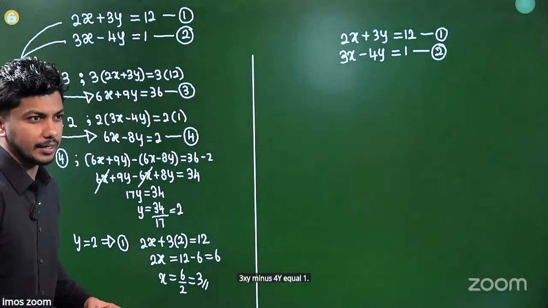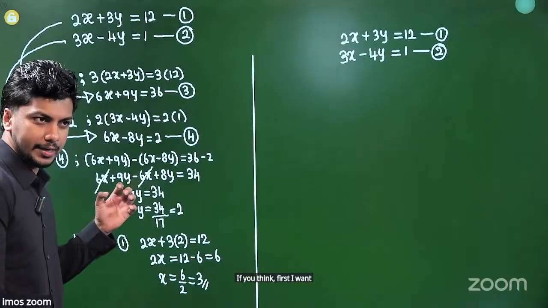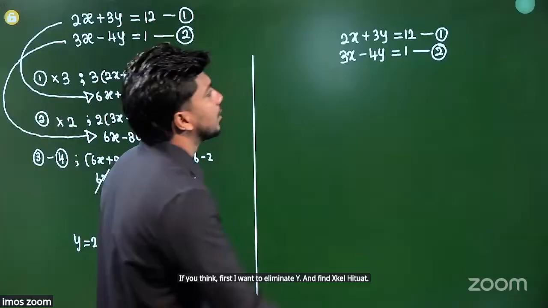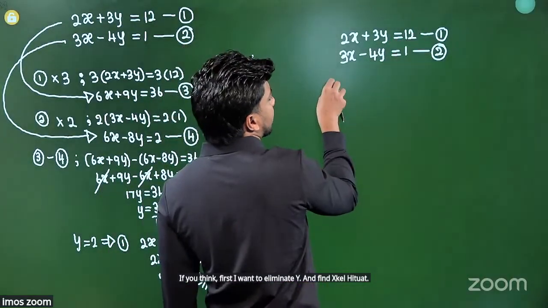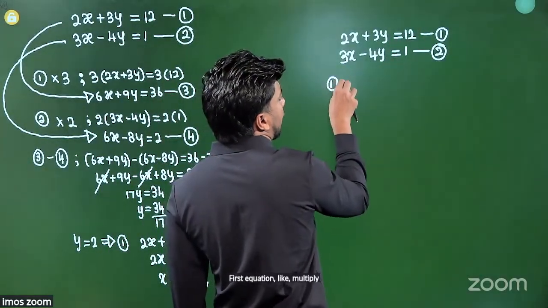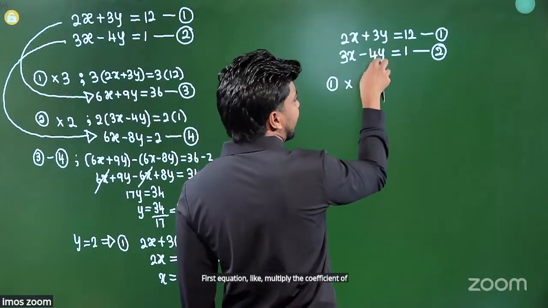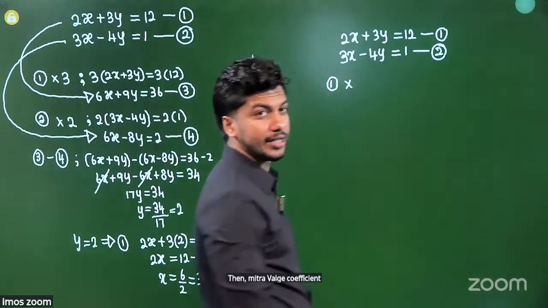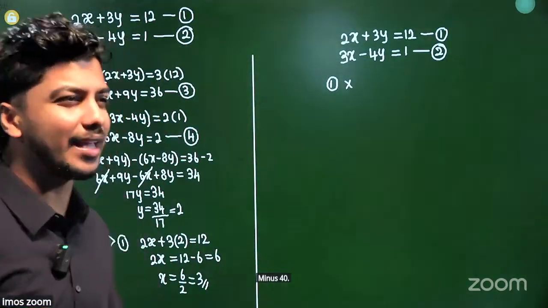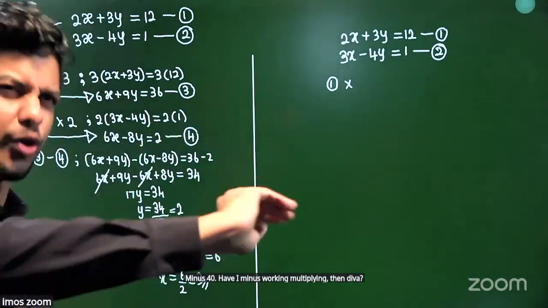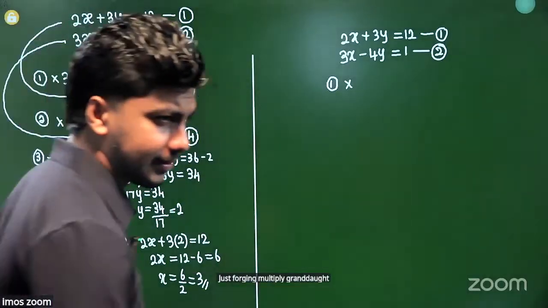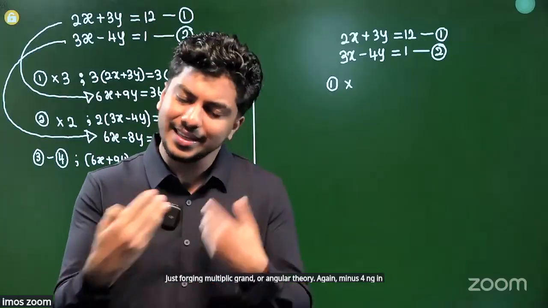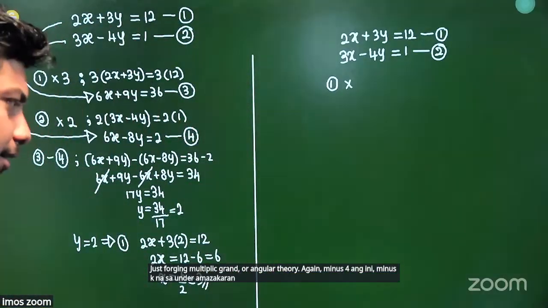If you think, first I want to eliminate y and find x, multiply the first equation by the coefficient of y of the second equation. Now the coefficient of y here is minus 4. But don't multiply by minus 4, just multiply by 4. You will understand why. Forget the minus sign, multiply by 4.